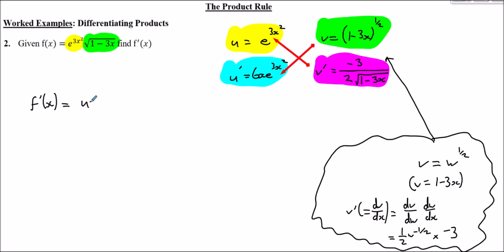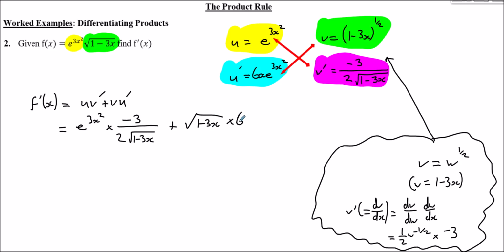So u v dashed, so it's going to be e to the 3x squared multiplied by minus 3 over 2 square root 1 minus 3x, plus v, which is 1 minus 3x to the half, basically the square root of 1 minus 3x, multiplied by u dashed, which is 6x e to the 3x squared.